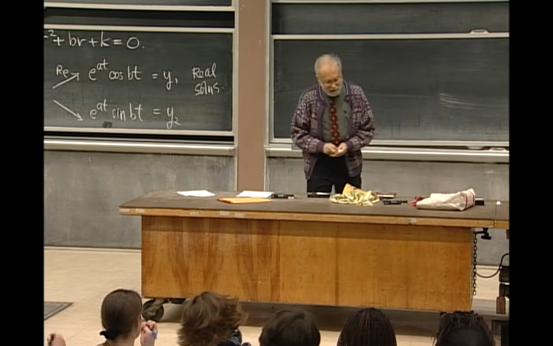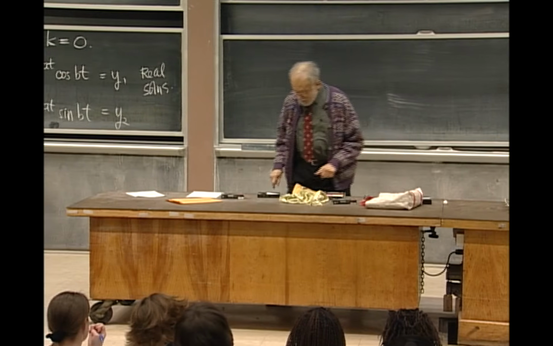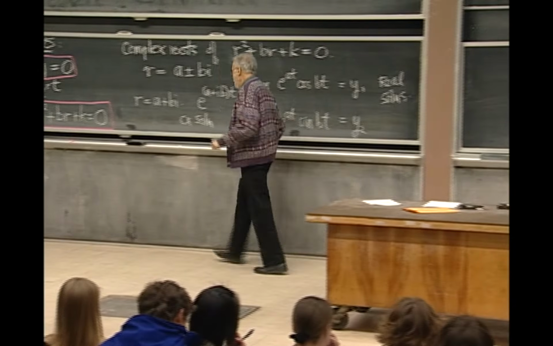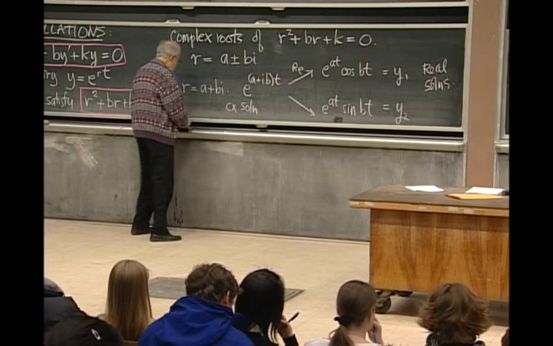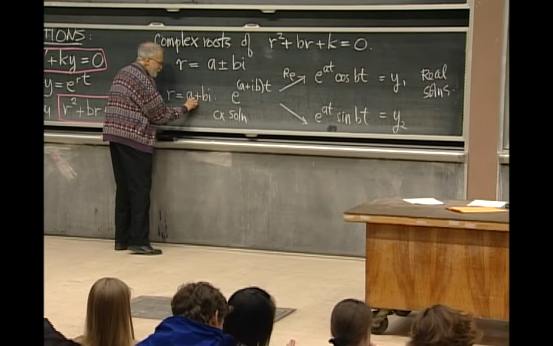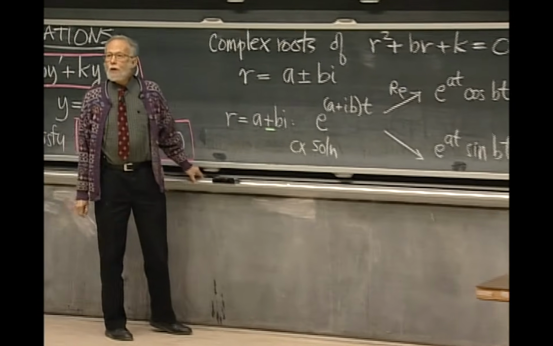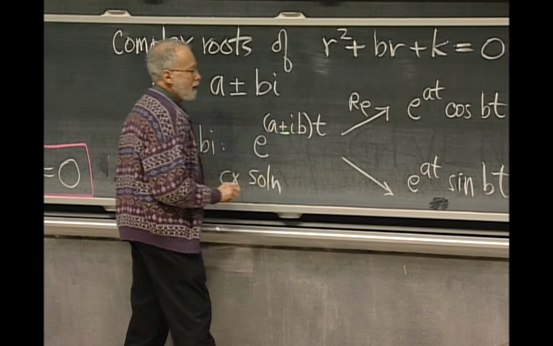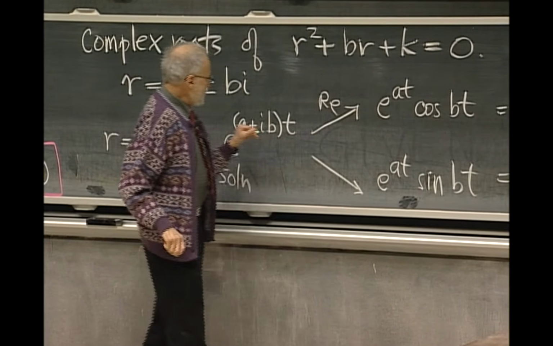Maybe I could indicate that most clearly here, even though you won't be able to take notes, by just using colored chalk. Suppose instead of a plus bi, I used a minus bi. What would have changed? Well, this would now become minus here. Would this change?